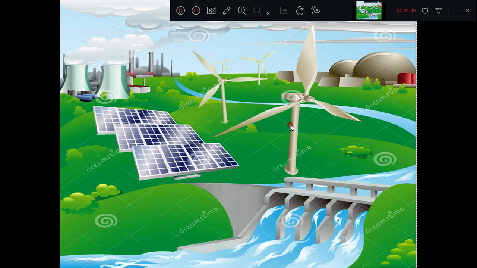There is also wind energy, nuclear energy, and thermal energy from a thermal power plant, all converted into electrical energy. Solar energy is also converted into electrical energy. These are the different sources of mechanical energy which are converted into electrical energy.